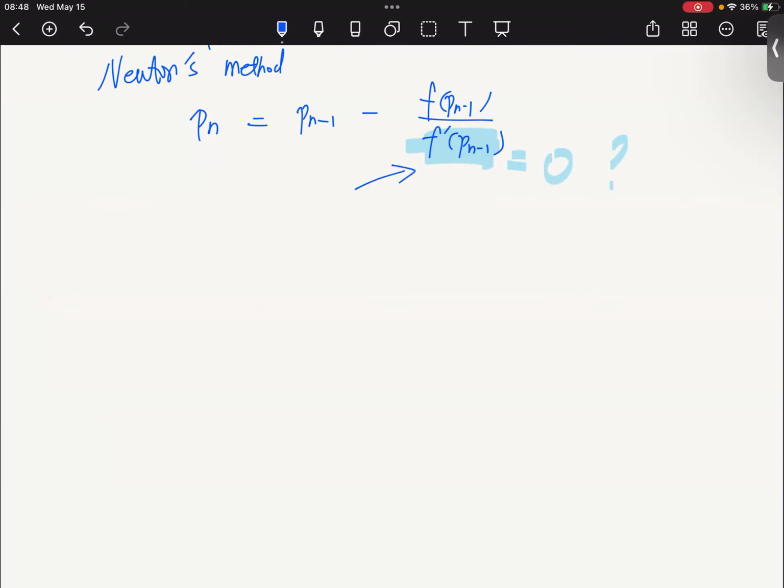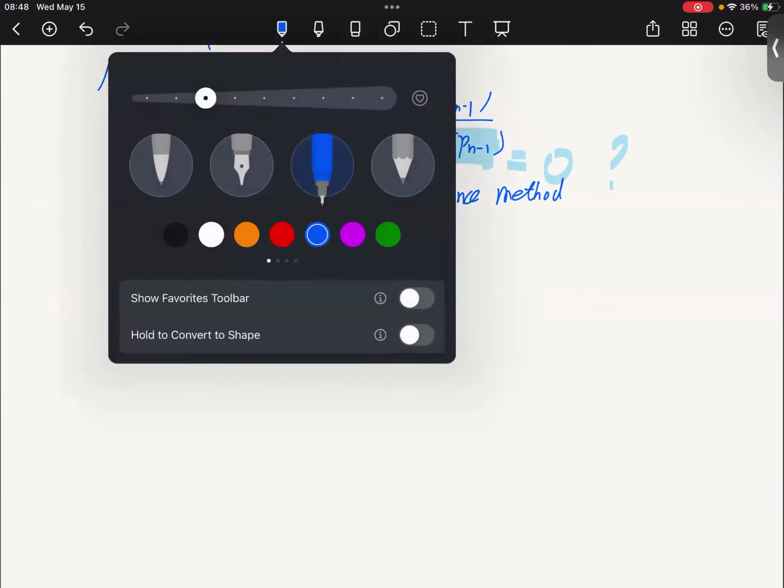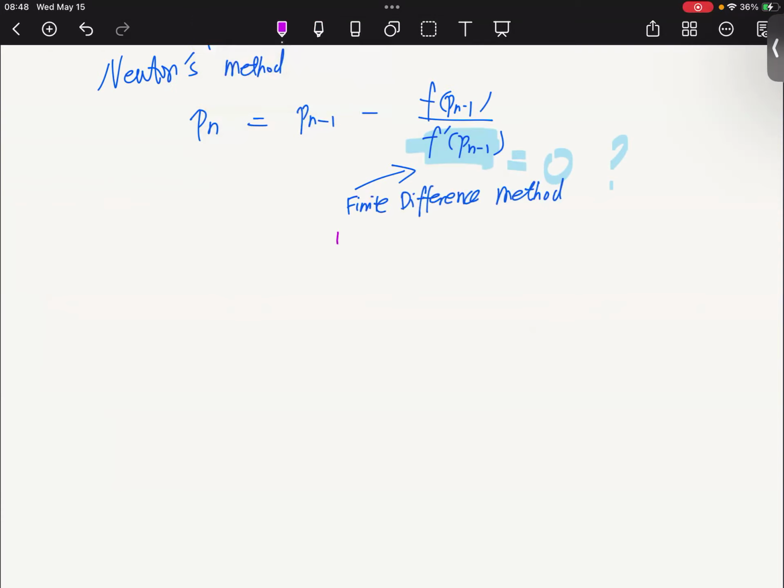People came up with a method similar to the finite difference method to approximate this derivative at Pn minus 1.